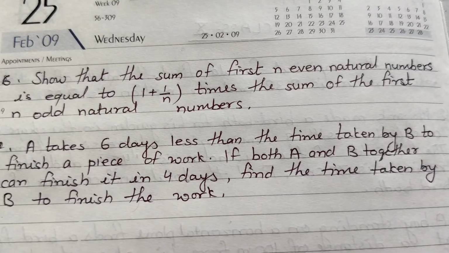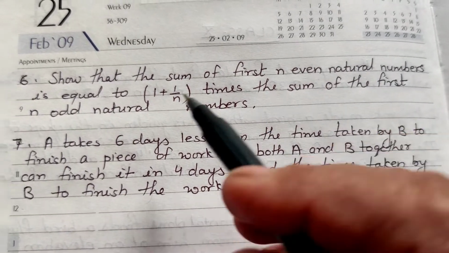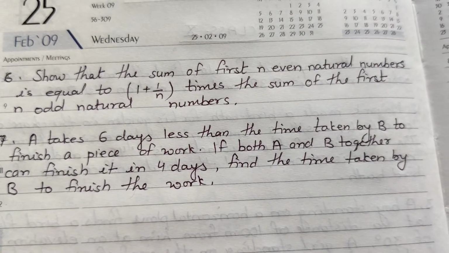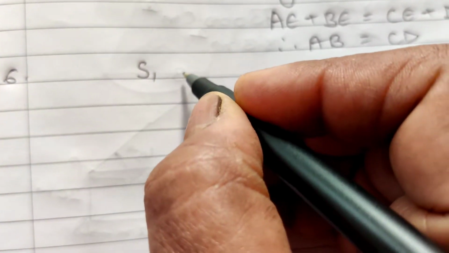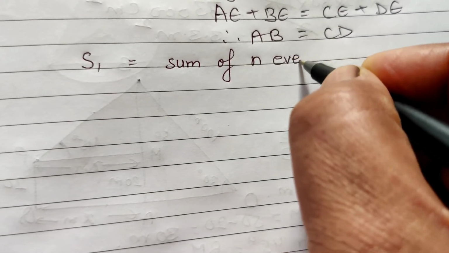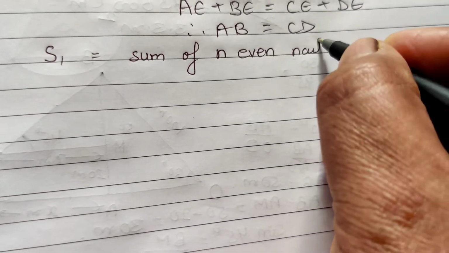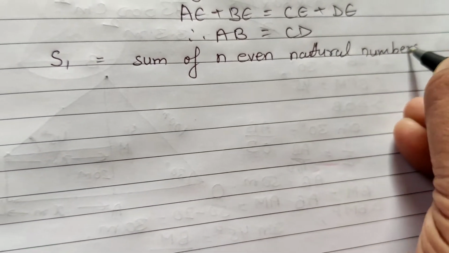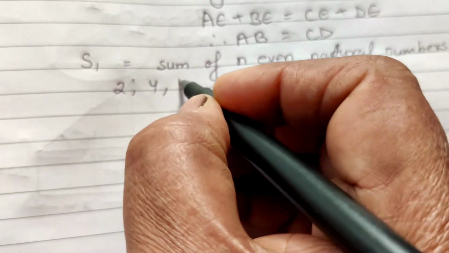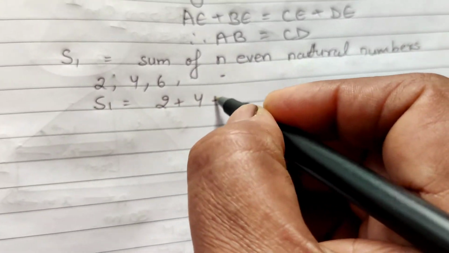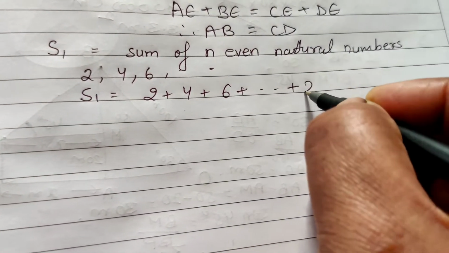Question number 6. Show that the sum of first n even natural numbers is equal to the 1 plus 1 by n times the sum of the first n odd natural numbers. Suppose S1 is equal to the sum of n even natural numbers. Even natural numbers means 2, 4, 6, etc. So S1 equal to 2 plus 4 plus 6 up to 2n.